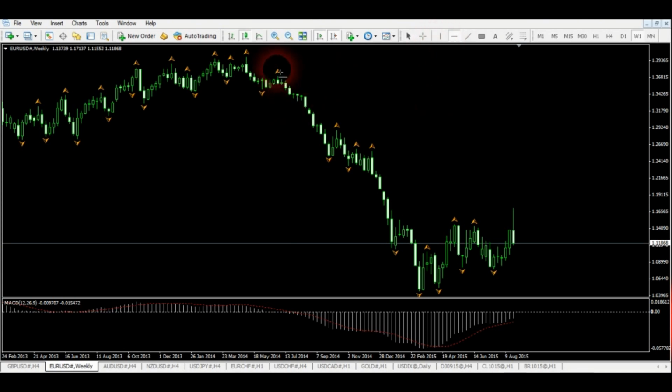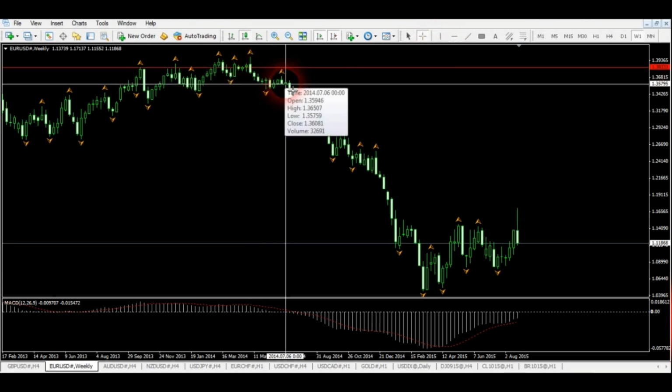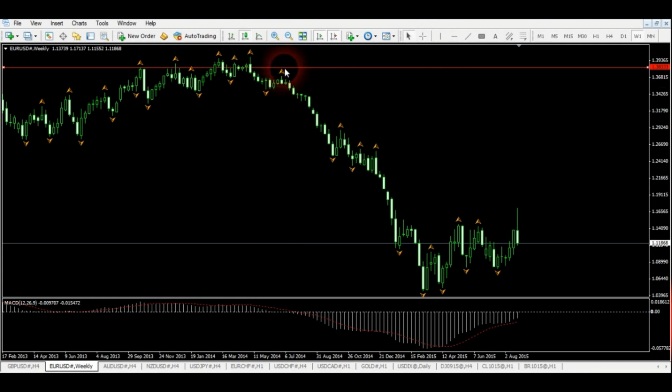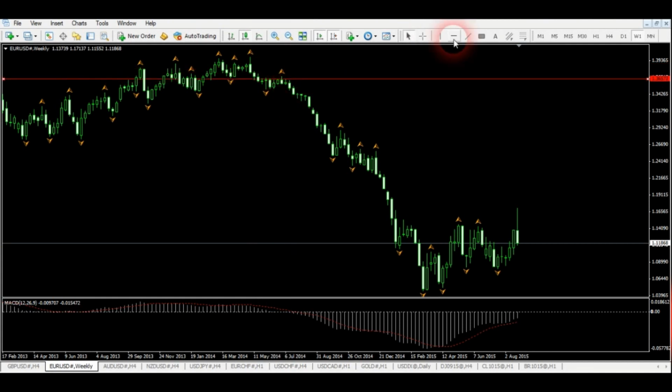When I want to sell here, I did sell positions here. I can have my sell position until the bars are finishing shorter than the last one.